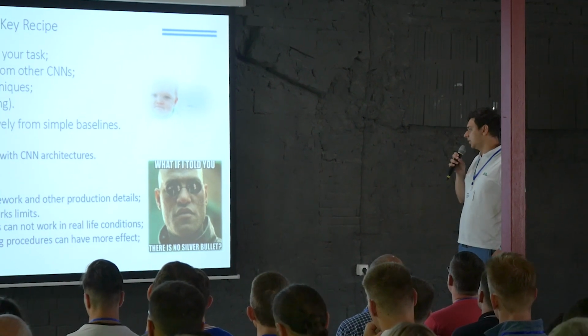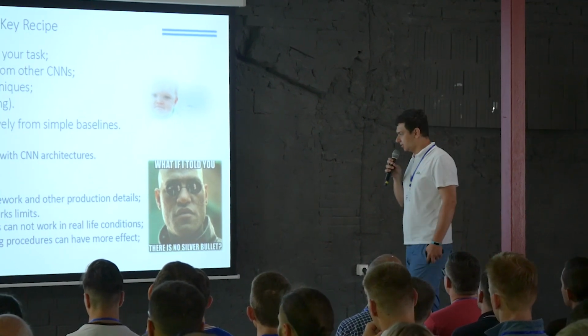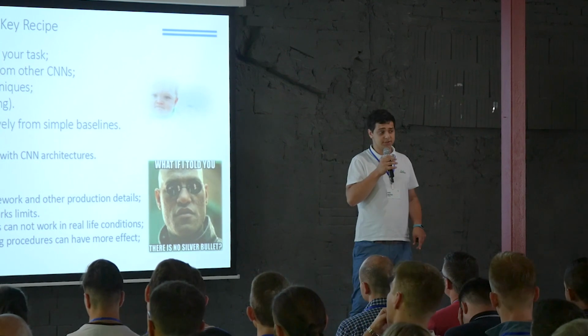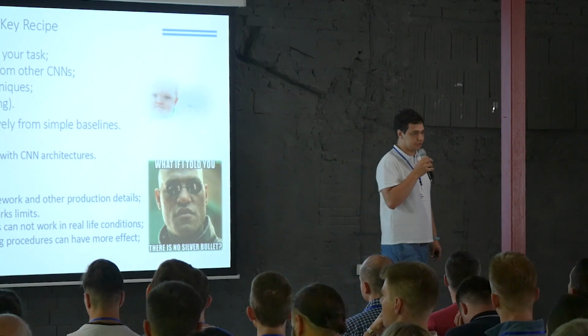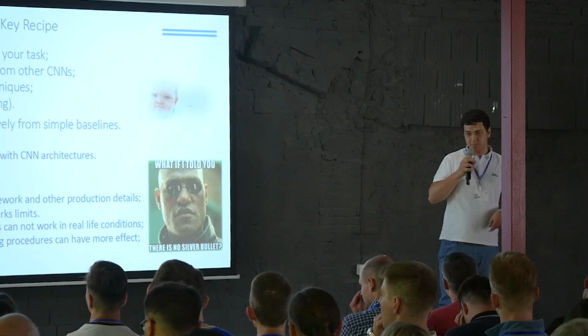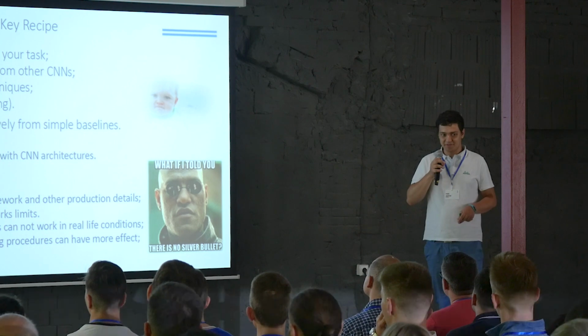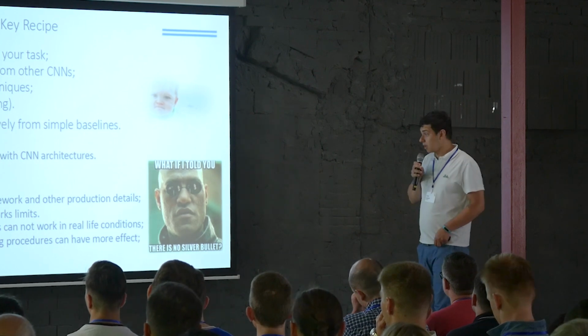And in many cases, in papers you find some good theoretical findings, for example, like MobileNet version 2. But many people in practice say that it's working well only on the dataset from the paper.